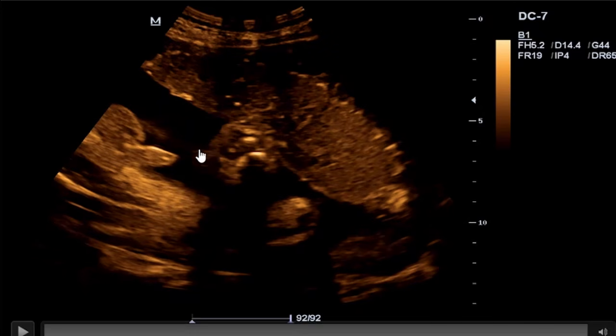When there is no free fluid here, or when we have a condition that is called oligohydramnios with reduced amniotic fluid, it might be difficult for us to differentiate or to appreciate the genitalia of a fetus. Why? Because the walls of the uterus or the placenta, as it were, is going to overlap.